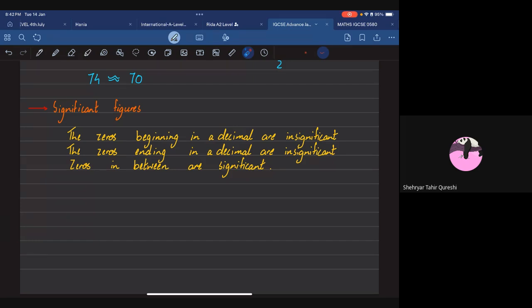All right. So zeros at the end of a number, and this time around I'm not talking about a decimal, I'm talking about a number, may or may not be significant.